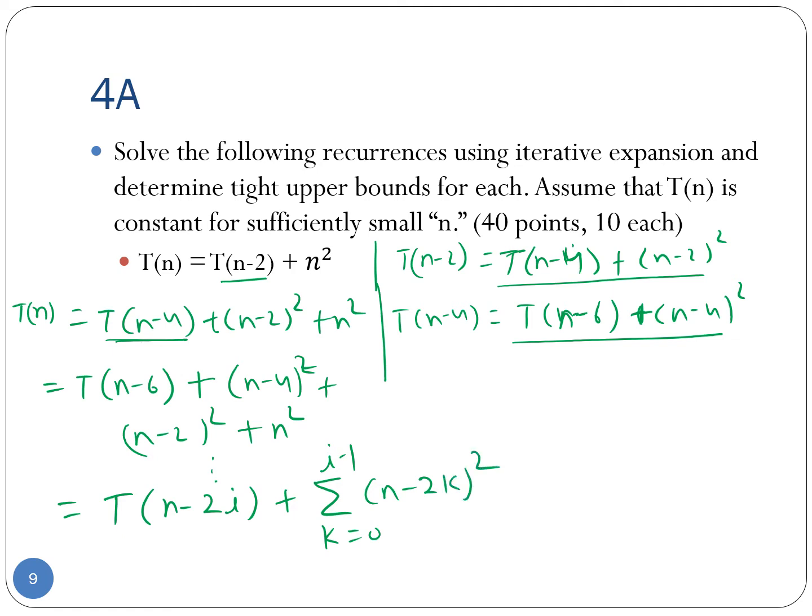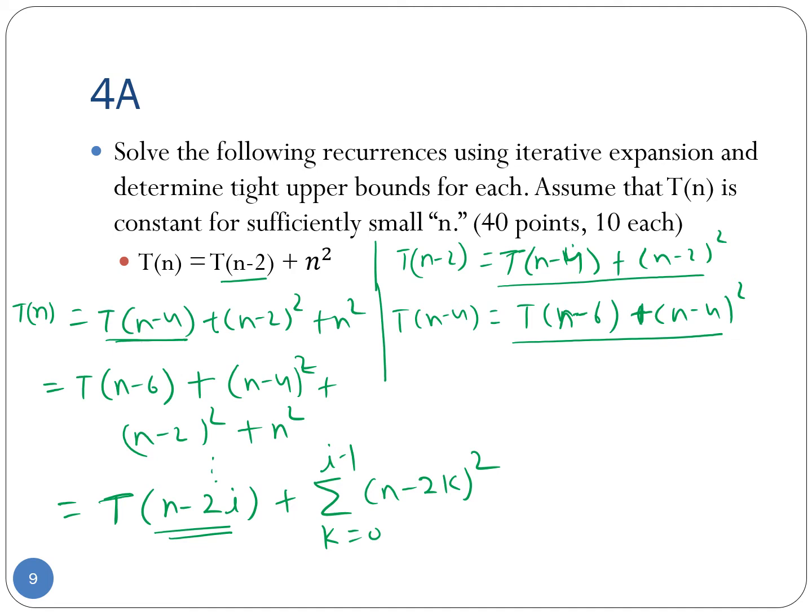This is the ith term. Now let's use this ith term to find an upper bound on this recurrence. So first of all, for what value of i would this value inside the bracket go down to 0 or 1?